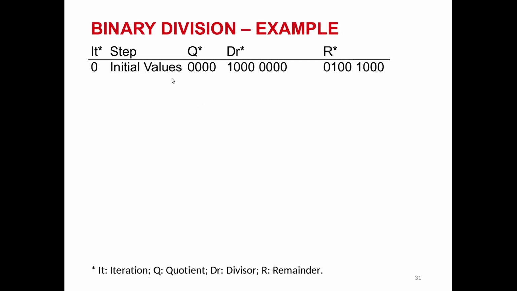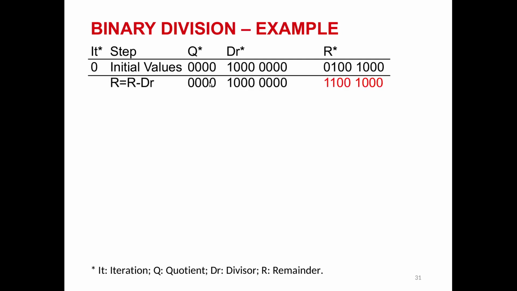Here are the initial values for the divisor and the remainder, and of course the value of the equation will be 0 at the initial time. As you can see here, in the first step we need to take the remainder and subtract the divisor, and you can see the result for this subtraction is 0.